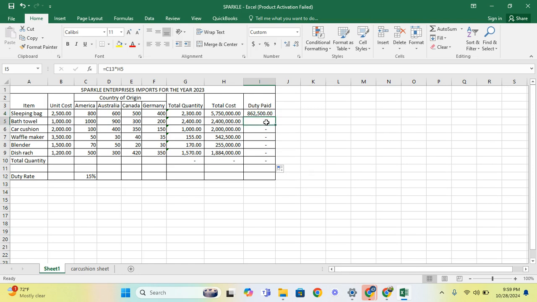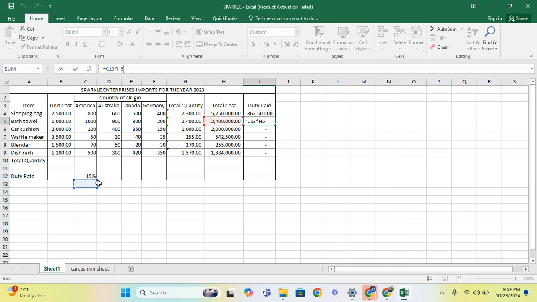So if I click this cell, that is I5, the formula here indicates that I'm multiplying the cell C13 by H5. Of course, H5 is correct, but C13, you see, I'm not now multiplying by 15%.